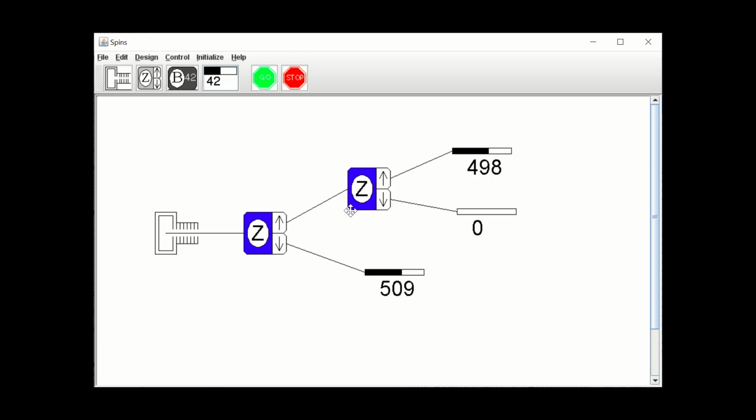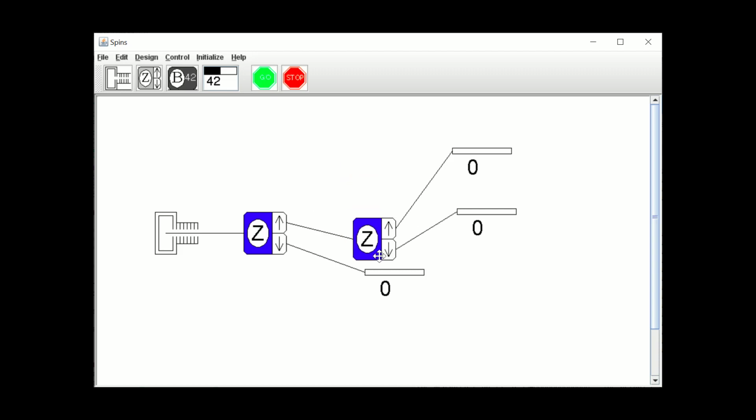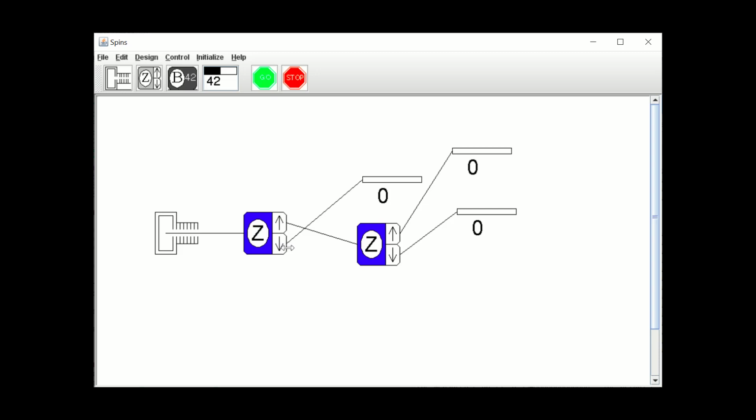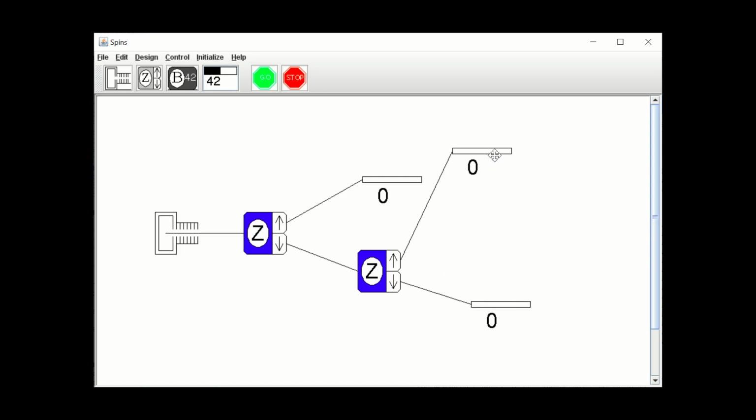One thing I want you to notice is that this experiment could have been totally flipped. If I reset that and bring the Stern-Gerlach analyzer down, and instead of sending the spin-up output to a counter, I send the spin-down output to an analyzer and set up the counters this way, we again get the same thing we would expect.